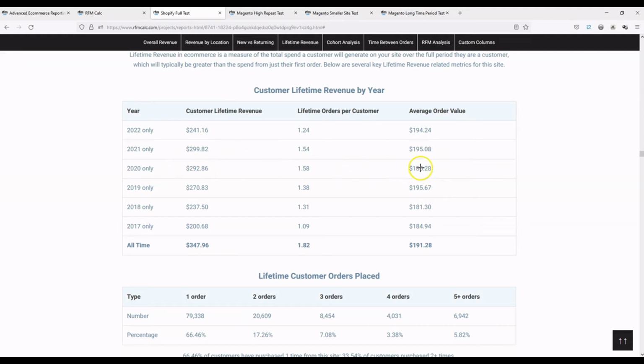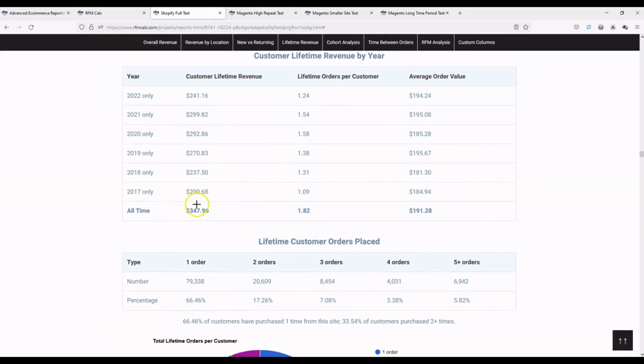So if you were paying, let's say, $150 to acquire customers during this year, you'd probably look at that and say, okay, that's not a great return. But actually, when you look at how much they'll spend over the entire year, $292, that's much better, and suddenly a $150 acquisition cost looks much, much better. So that's where, just as a snapshot, this data is so powerful.